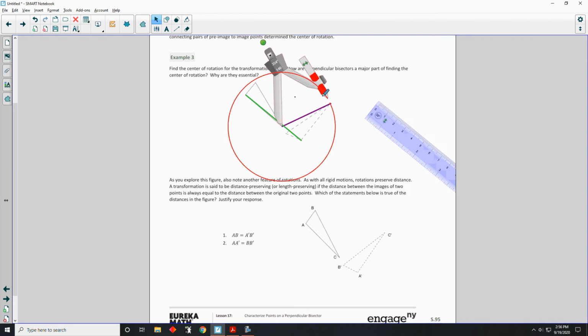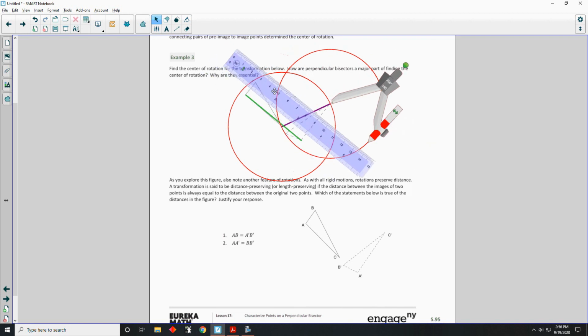Draw a circle. Move it to the other end. Draw a circle. And construct the segment that goes through the circles' intersections.